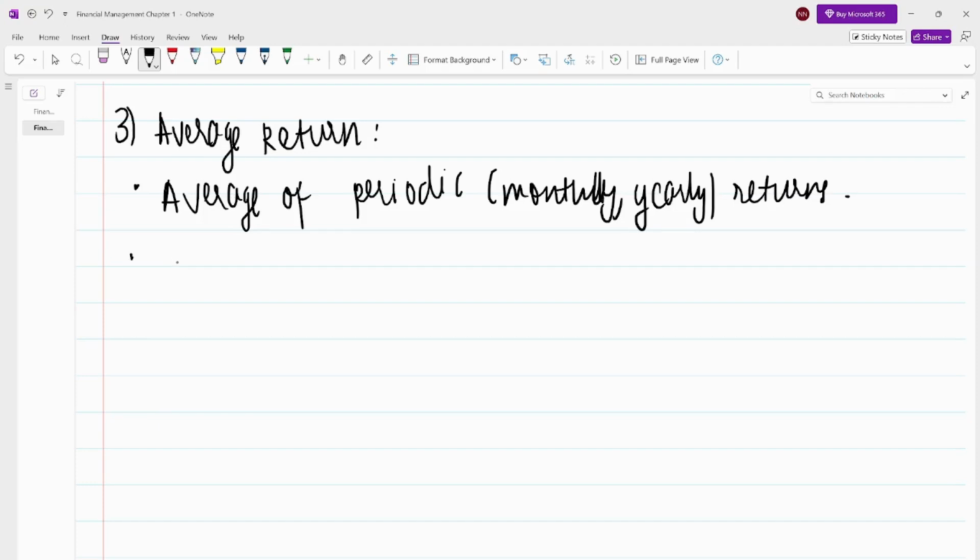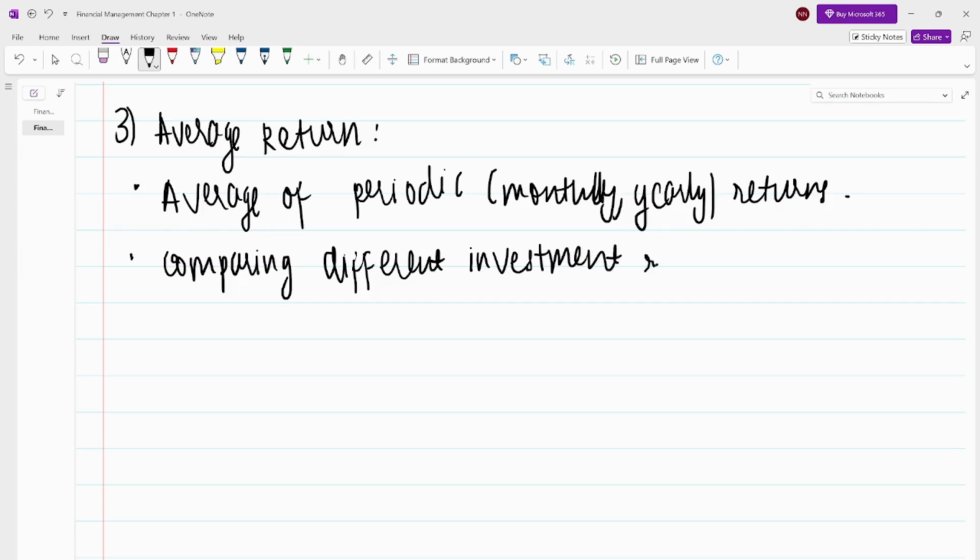It is used for comparing different investment options. So if you are confused whether to opt for stock or mutual fund, you can use the average return to get a better understanding of which instrument to invest in.